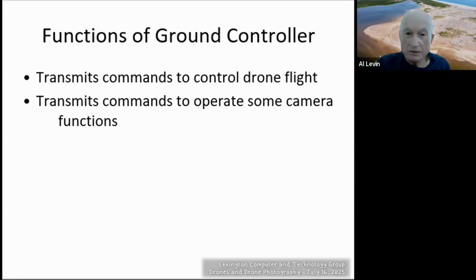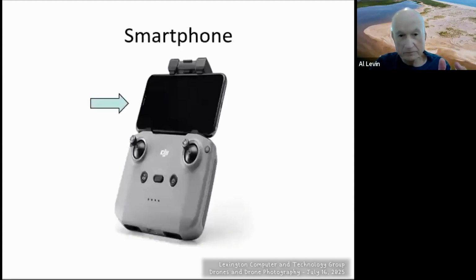It allows us to send commands back to the drone to control its flight, and it allows us to control camera functions. We can change the exposure, we can change the direction in which the camera is aimed.